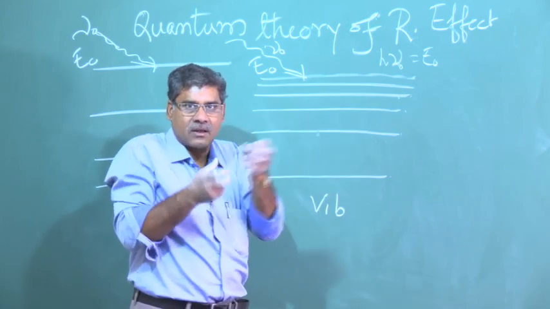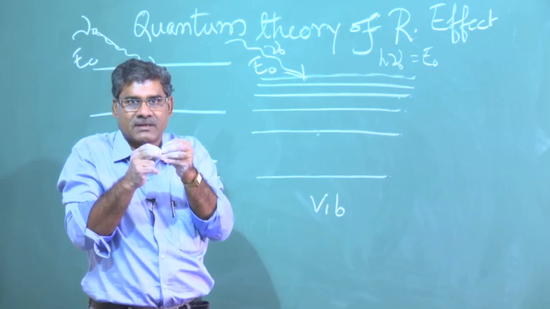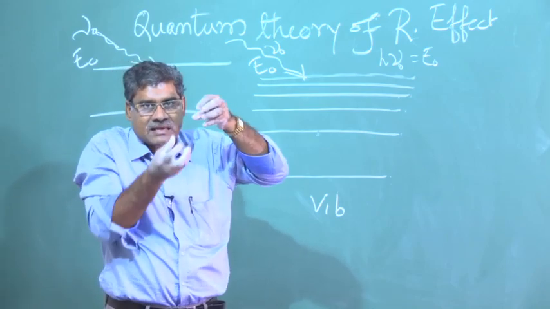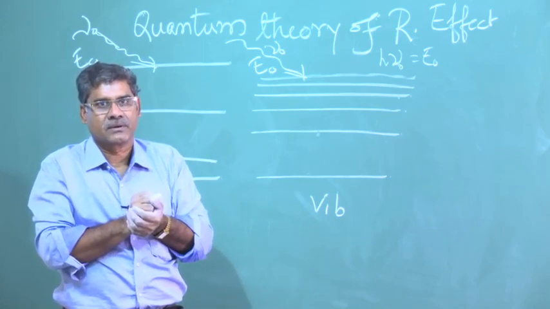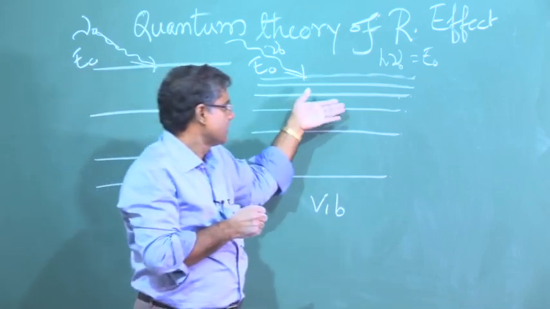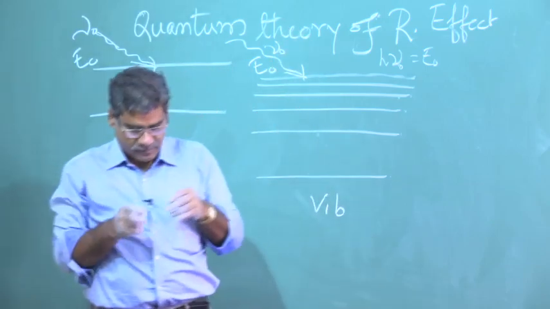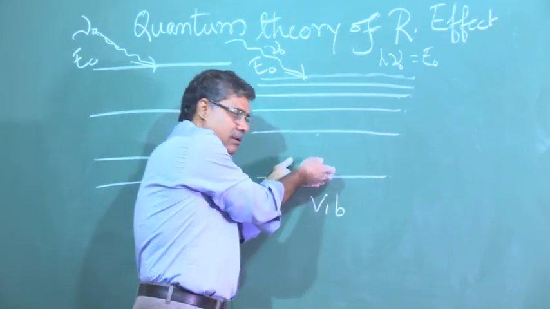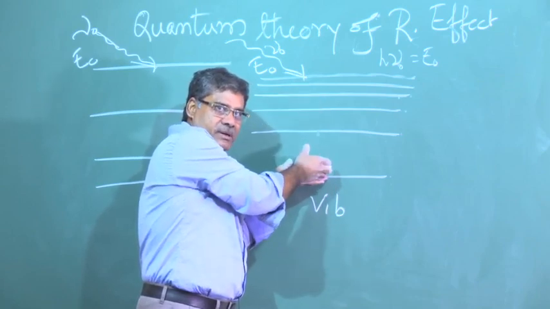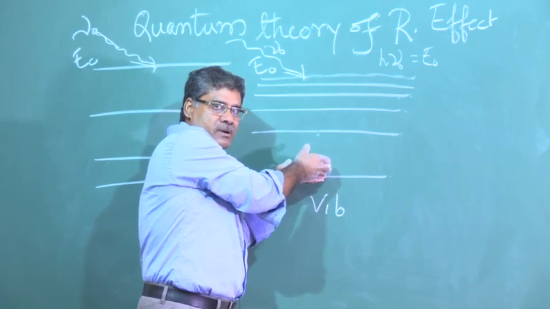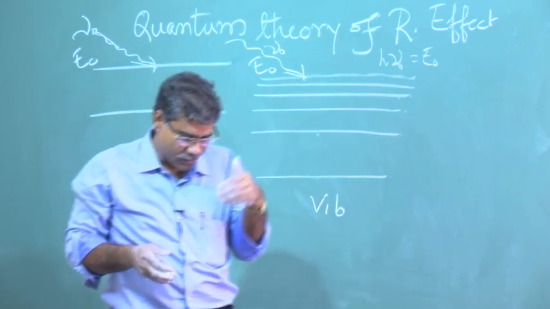We are now considering that it consists of many photons. Now, some photons, due to this photon, the molecule will absorb and it will be excited, it will go from one state to another state.